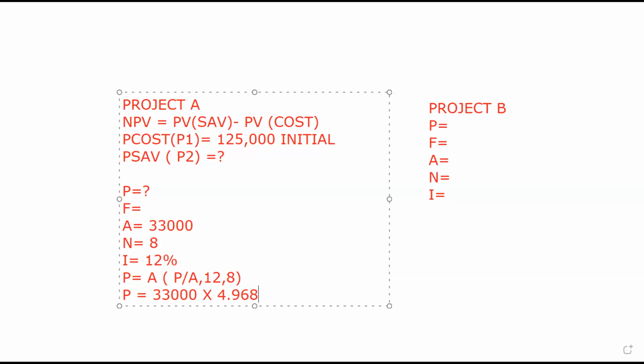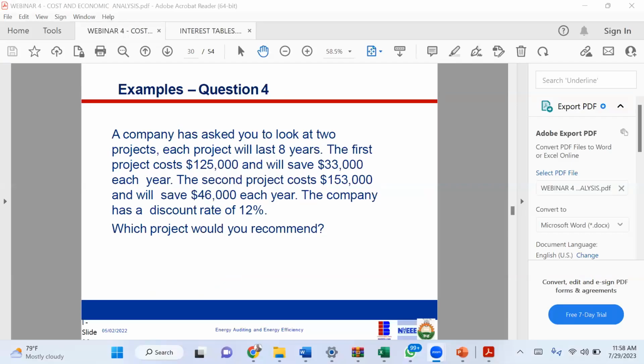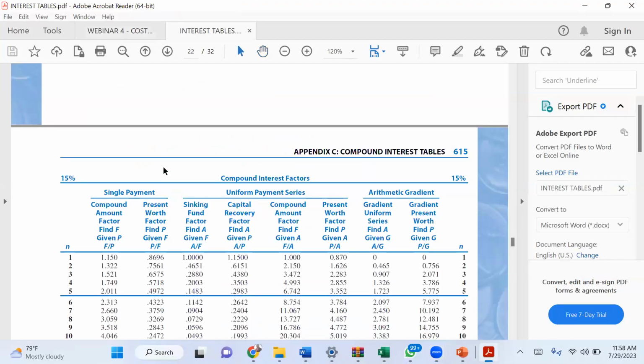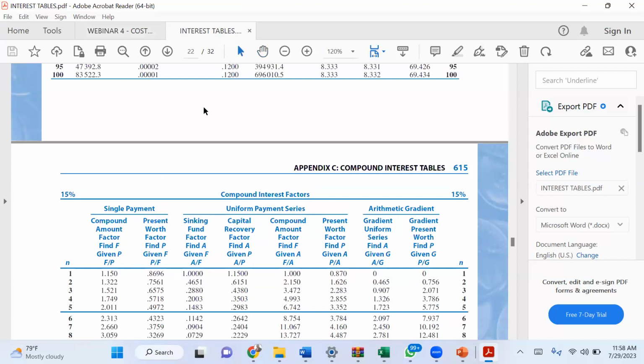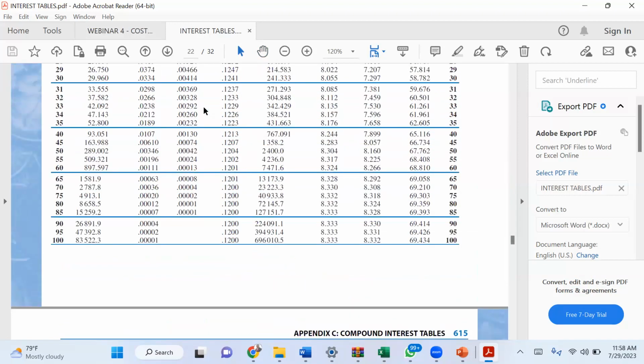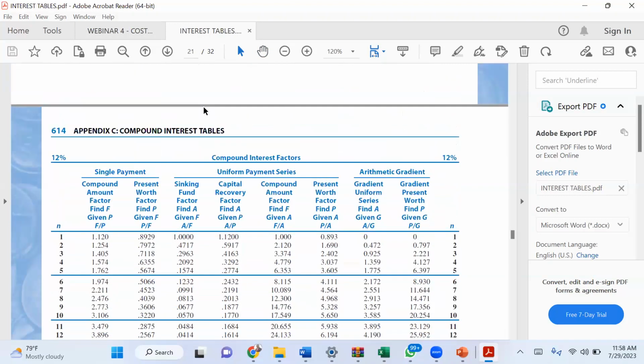Are you correct? 12%. Good. We're looking for P given A. P given A, it is. Yeah, you're right, 4.968.